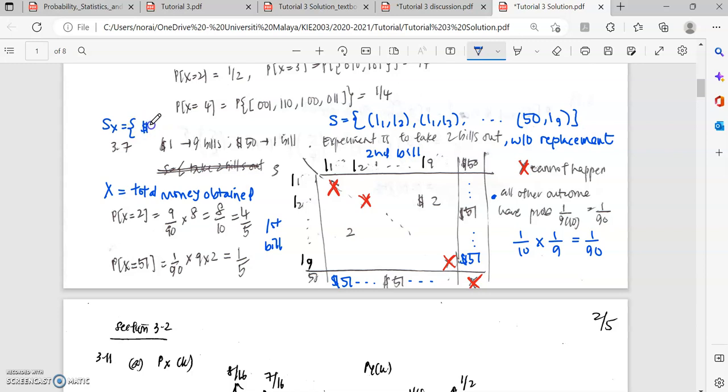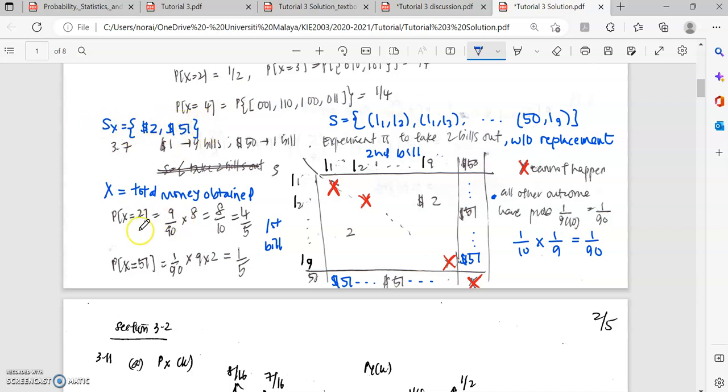So your S_X will be 2 and 51, because X is defined as the total money obtained, so the possible outcomes for the sample space of X are just these two.